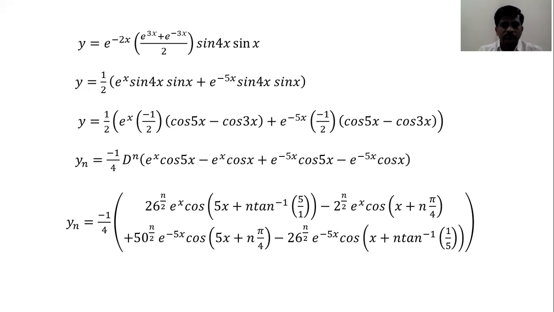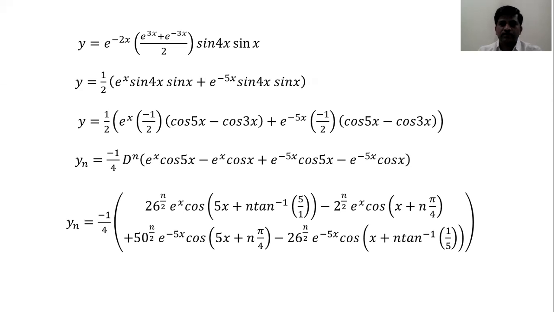Here, minus 1 by 2 into (cos of a plus b, 4x plus x, 5x, minus cos of a minus b, 4x minus x, 3x), plus e power minus 5x into minus 1 by 2 into (cos of a plus b, 4x plus x, is cos 5x, minus cos of 4x minus x, is cos 3x). So we can take minus 1 by 2 as a common factor and then apply the nth derivative on both sides.